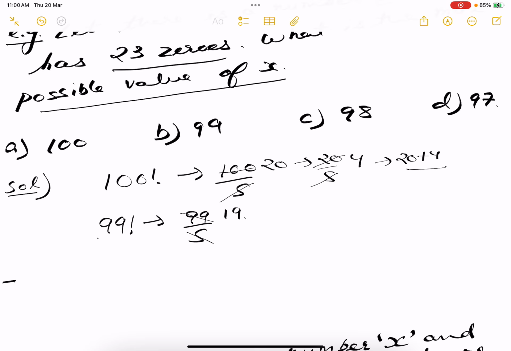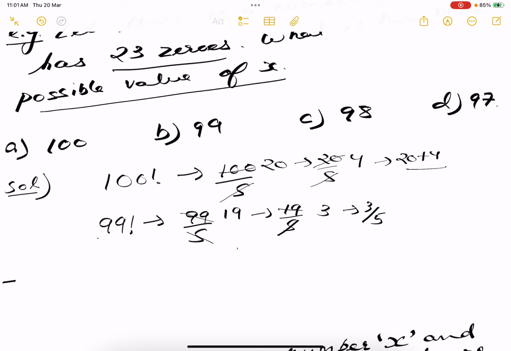Again we divide 19 by 5. So 5 3s are 15. And then you have 3 by 5.